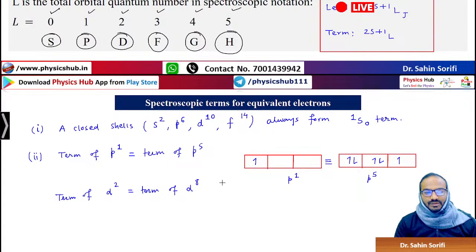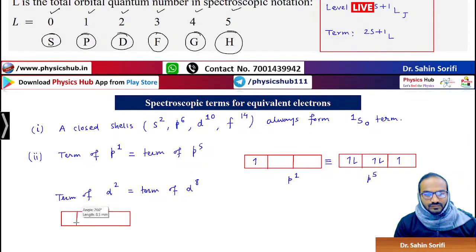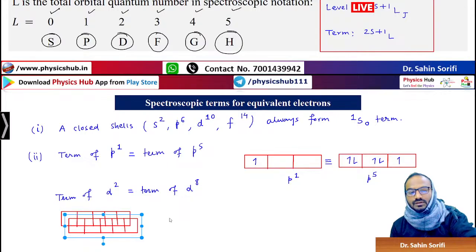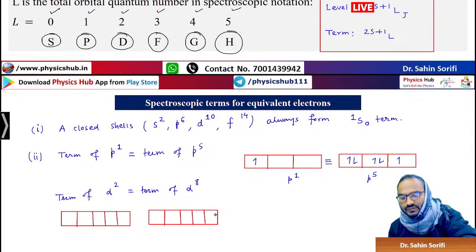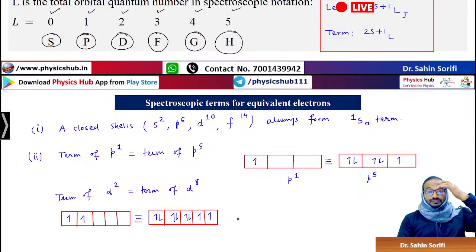Because you know in the d orbital we have five orbitals. So d2 means 1, 2, and d8 means 1, 2, 3, 4, 5, 6, 7, 8. So you can see they are equivalent. I hope this is clear.